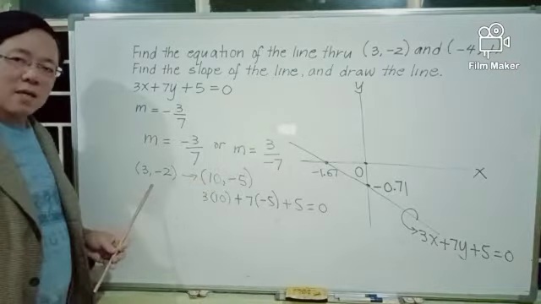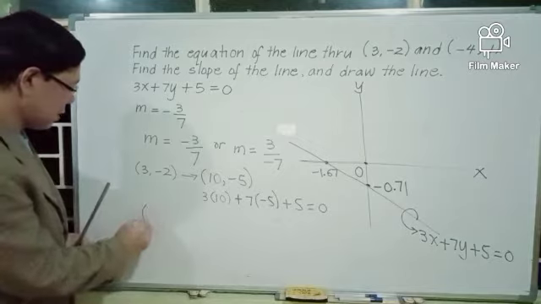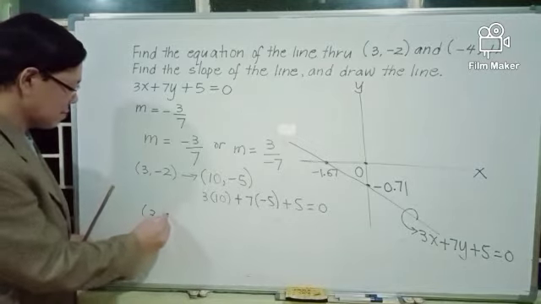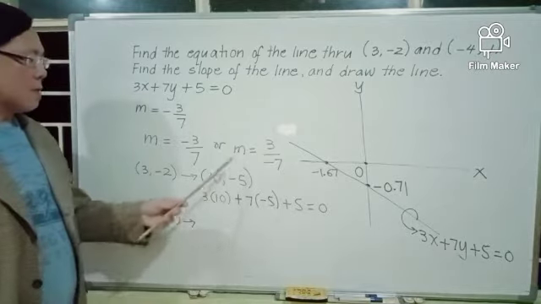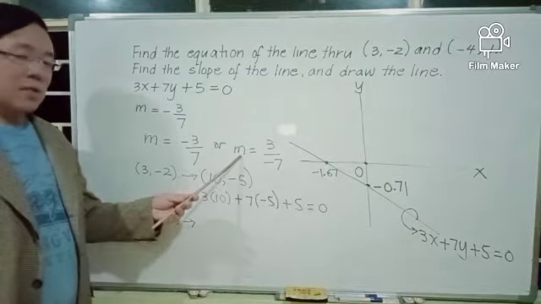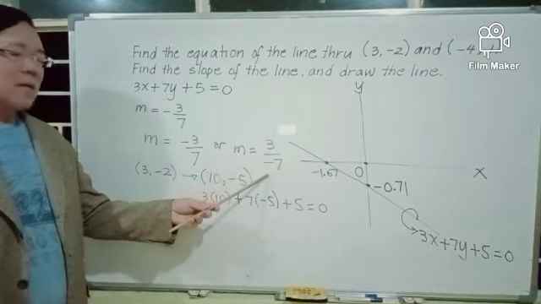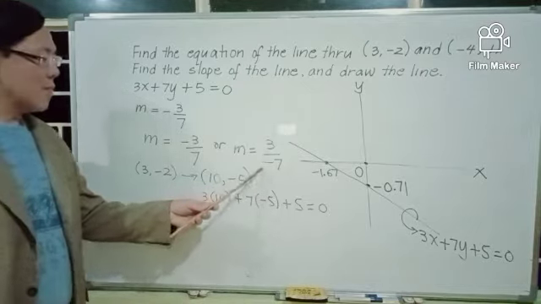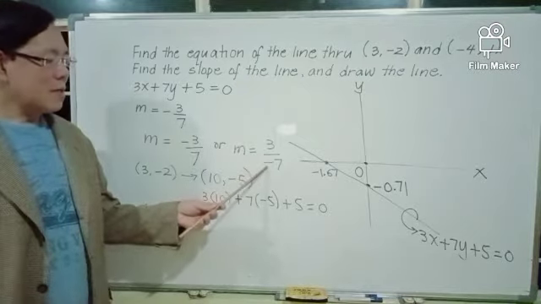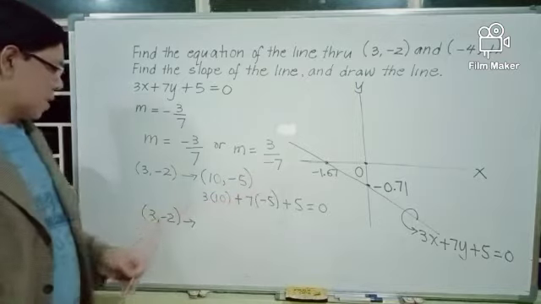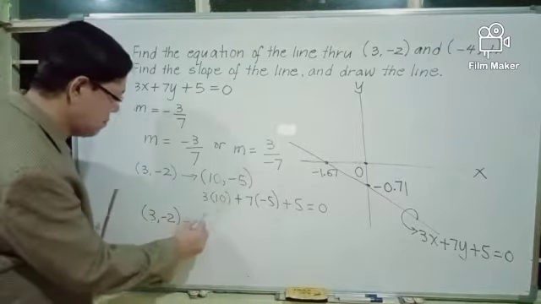Let us take again this point 3, negative 2 as the original point on the line. Using the slope written in this way, positive 3 divided by negative 7, which says that if the abscissa, the value of x, is decreased by 7 units, we have 3 minus 7 is negative 4.